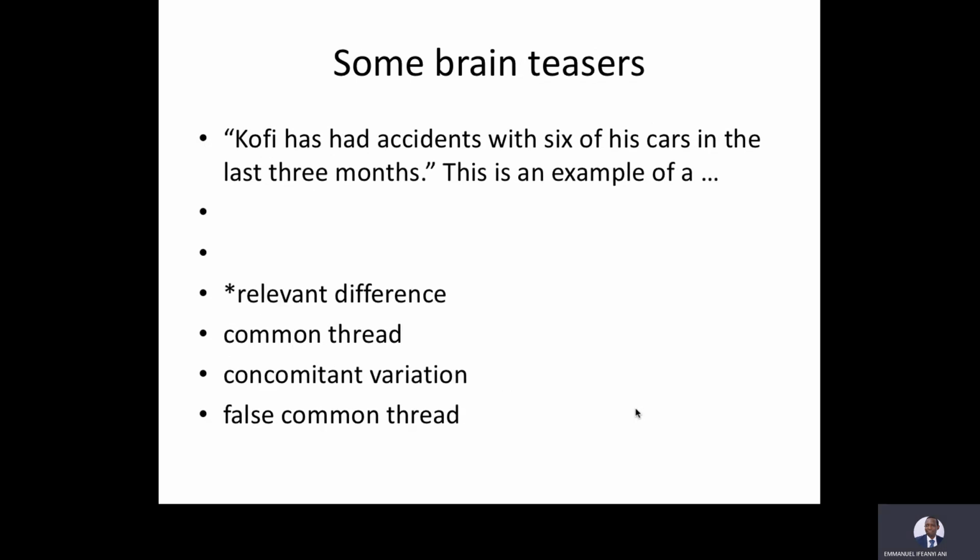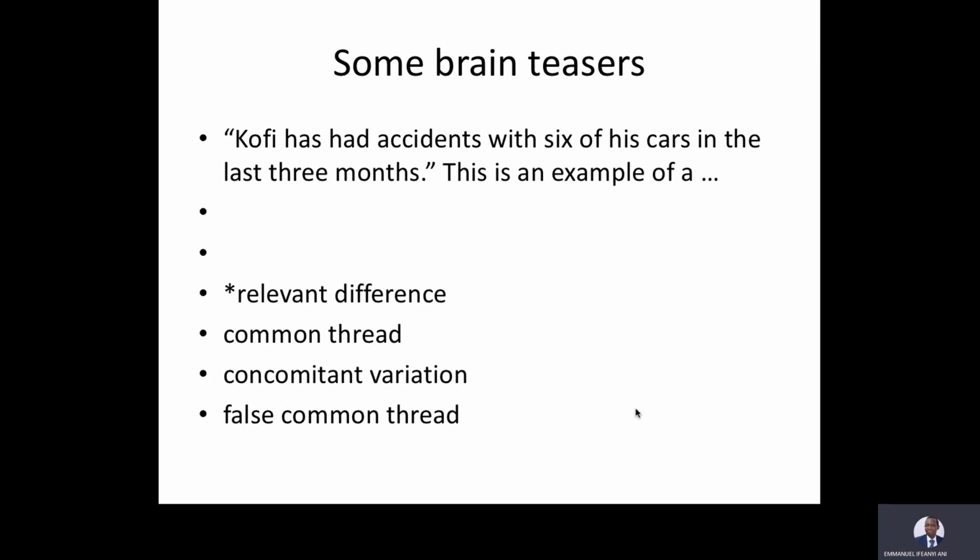Now let's exercise our minds a little. Kofi has had accidents with 6 of his cars in the last 3 months. This is an example of a what? Relevant difference, common thread, concomitant variation, false common thread. Kofi has had accidents with 6 of his cars in the last 3 months. So what are you looking for?